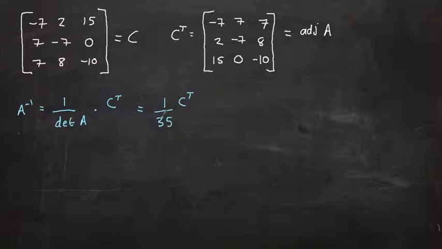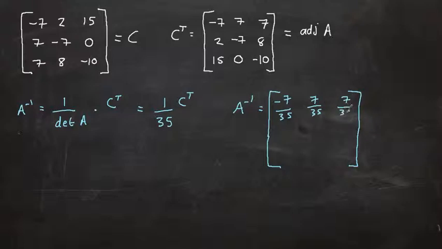So the inverse of A is 1/35 of the adjugate. And this is like a scalar multiplier, even though it's a fraction. So A to the minus 1. Let's draw the matrix box, make it big enough because it's going to have a load of fractions in. Divide everything in the adjugate by 35. Minus 7 over 35, 7 over 35, and 7 over 35.